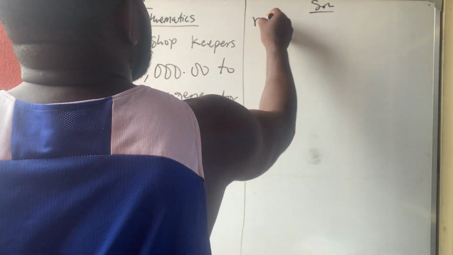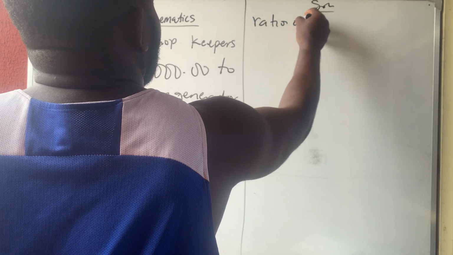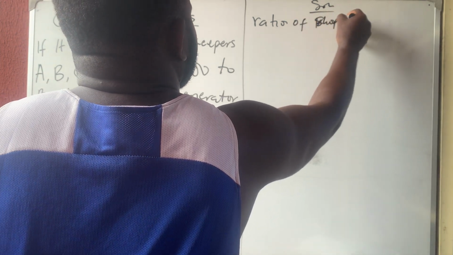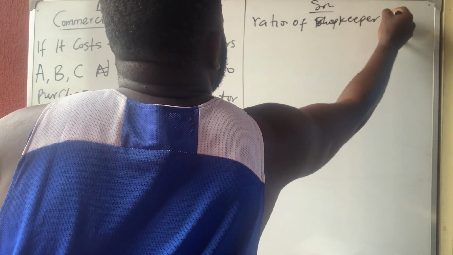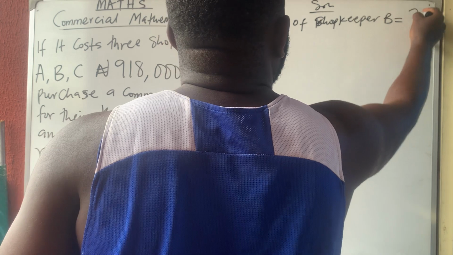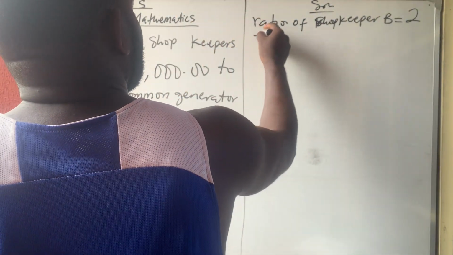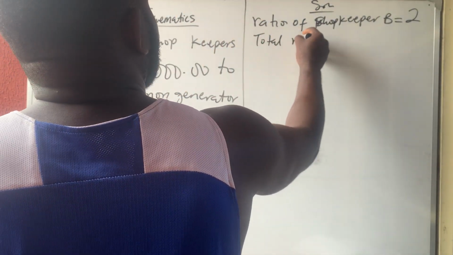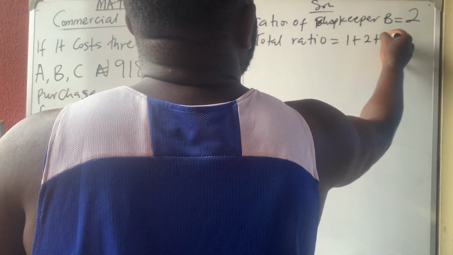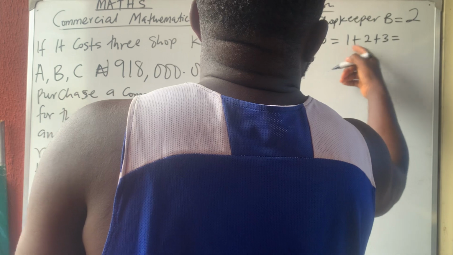Solution. First of all, what we need is the ratio of shopkeeper B, and the ratio of shopkeeper B is the one in the middle, because they say respectively, so it is 2. We now need the total ratio. The total ratio is 1 plus 2 plus 3, which will give you 6.